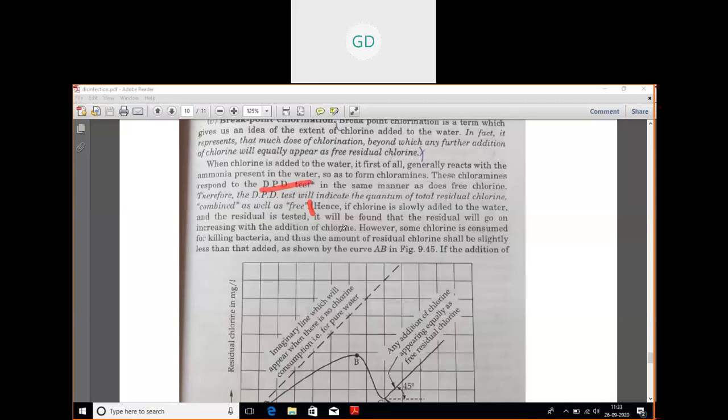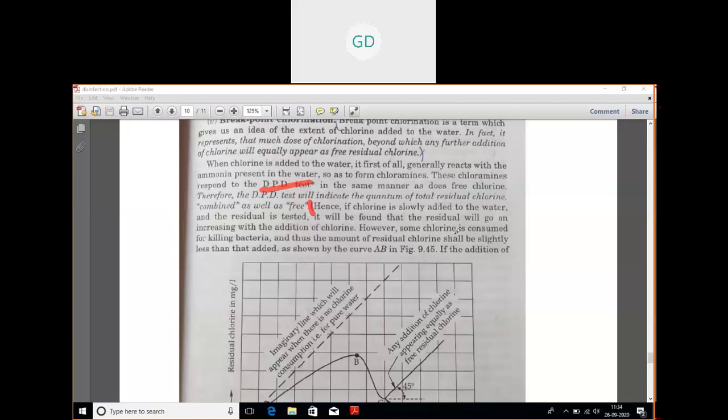So when you go on adding chlorine to the water, what will happen? If you do a residual chlorine test, you will find that the residual chlorine goes on increasing with the addition of chlorine. But some of the chlorine is used. Obviously, we have added chlorine to kill the bacteria, isn't it?